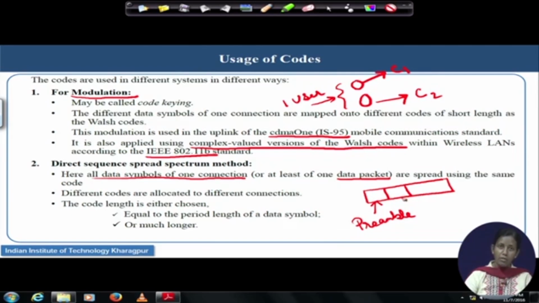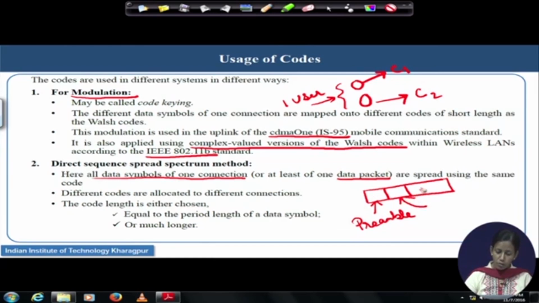We do AGC, automatic gain control, during this period, and also frequency synchronization. So for time frequency synchronization and channel estimation, we send some known training sequence from the transmitter, and the bits associated with that operation we call the preamble.